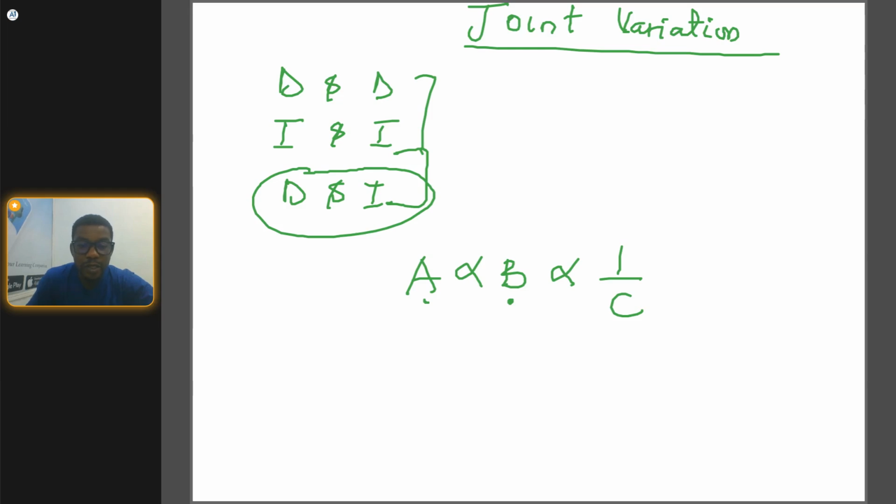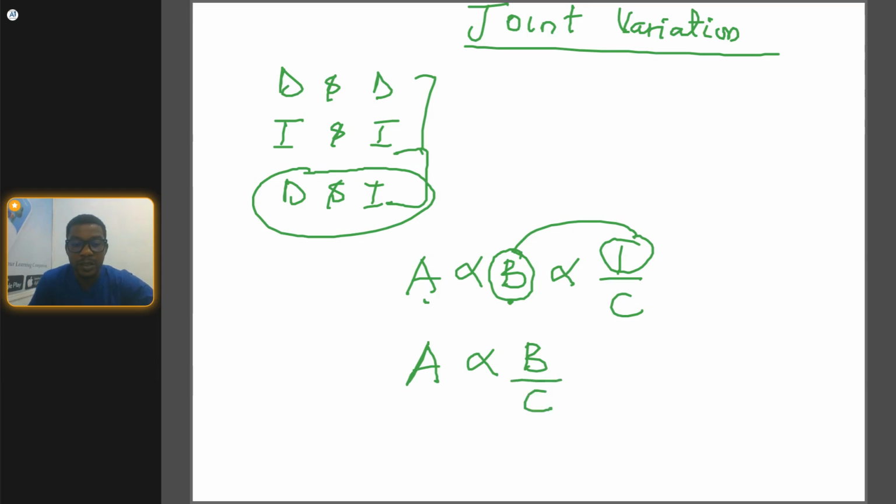What we are going to do is to first use this B to multiply 1. And that will be A varies as 1 times B, which is B over C.